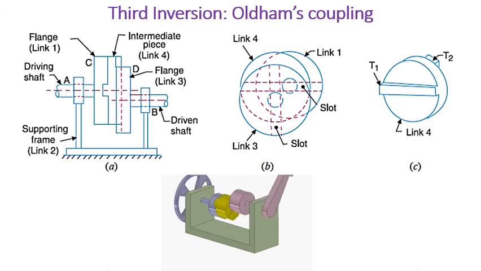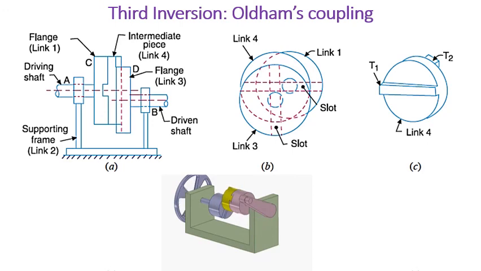The shafts to be connected consist of two flanges. Okay, link number 1 and link number 3, rigidly fastened at their ends by forging. So these flanges have diametrical slots cut in their inner faces.